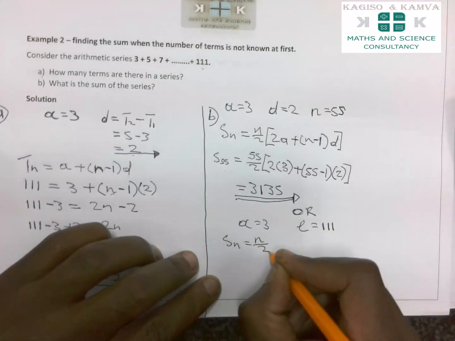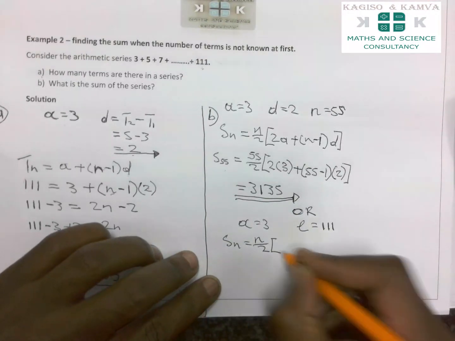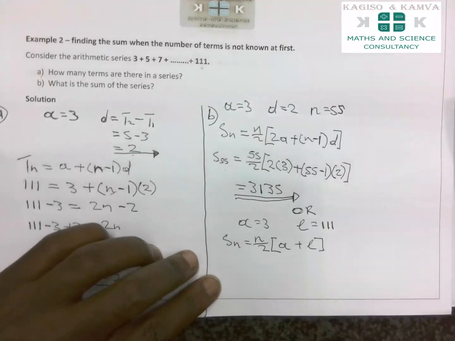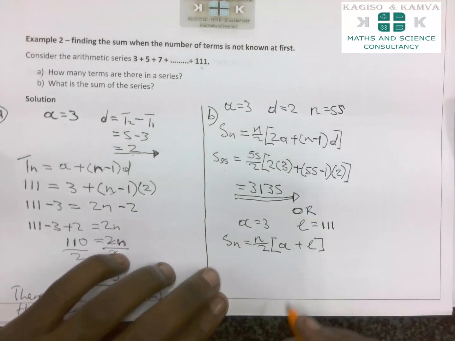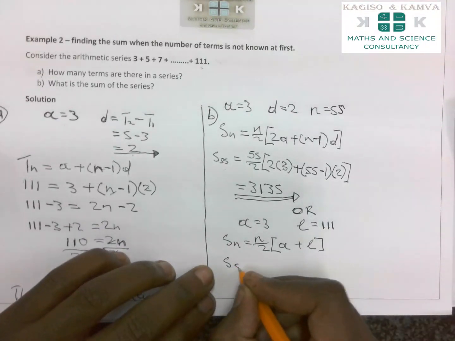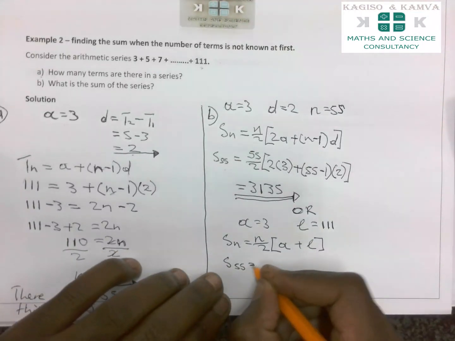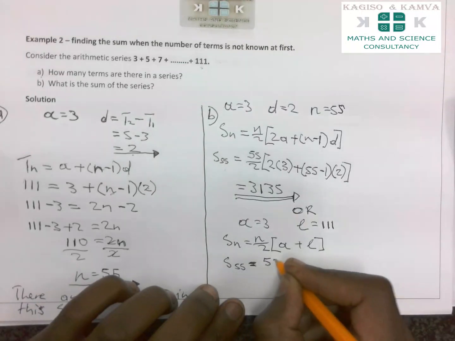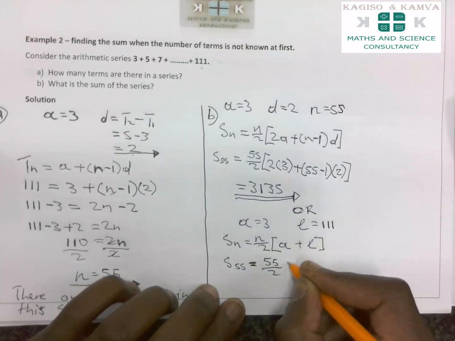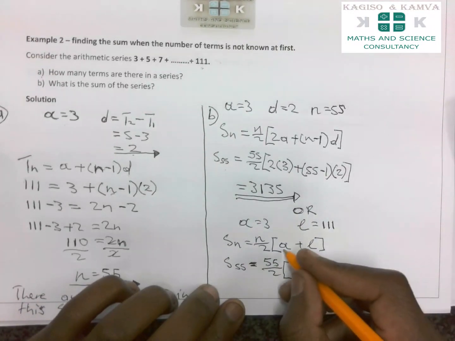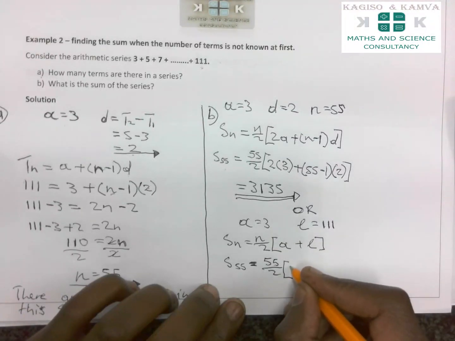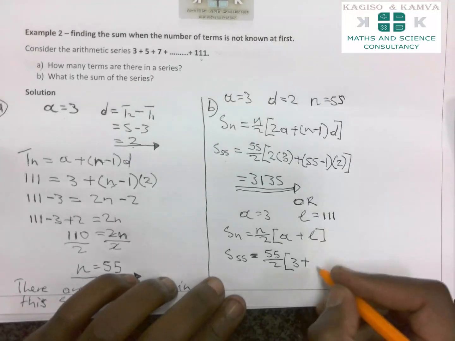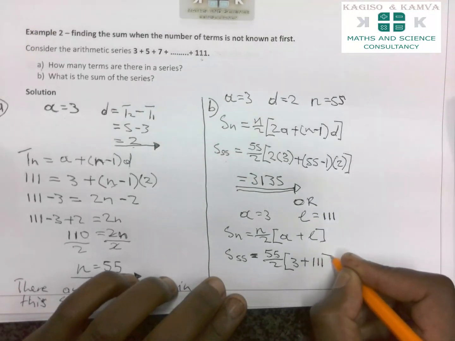Now we want the sum of the first 55 terms. So this is going to be equal to 55 over 2 into (a, which is 3, plus the last term, 111).